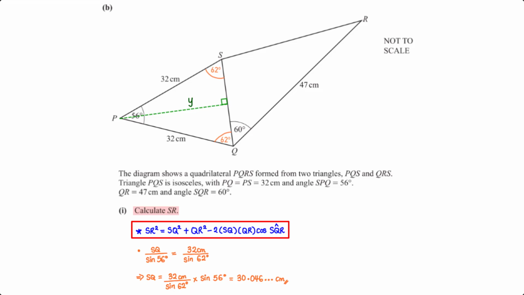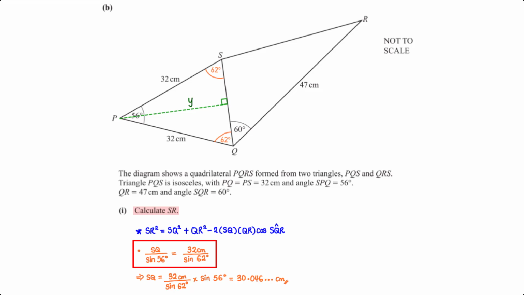We've not been given the length of SQ, so we need to find it. To get SQ, we apply the sine rule to triangle PQS. This gives us SQ divided by sine 56 degrees equals 32 centimeters divided by sine 62 degrees.